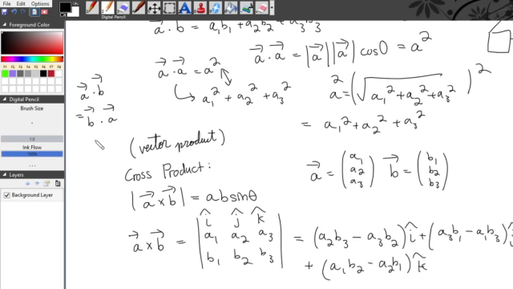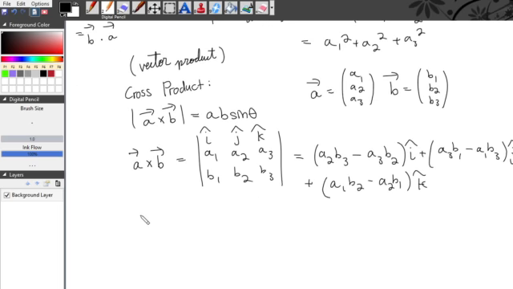But for cross products, it's a bit more tricky, because a cross b is actually negative b crossed with a. So yeah, this is important to know.